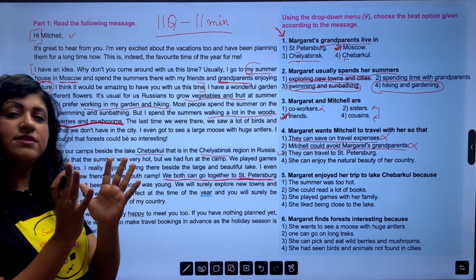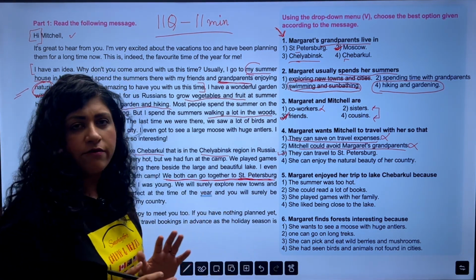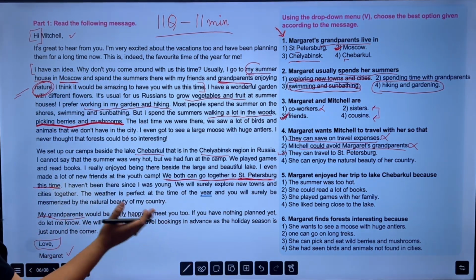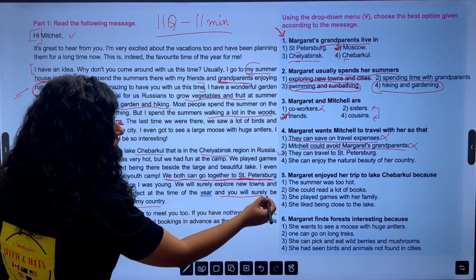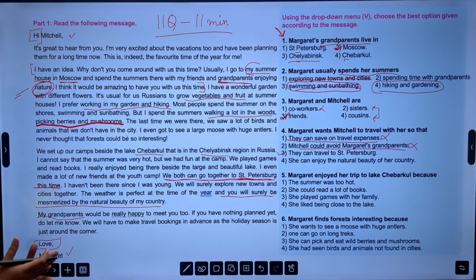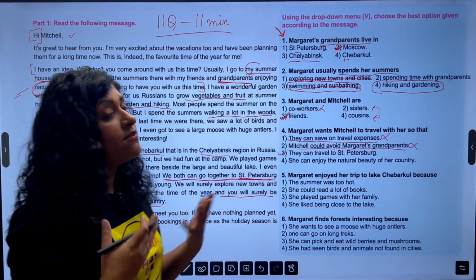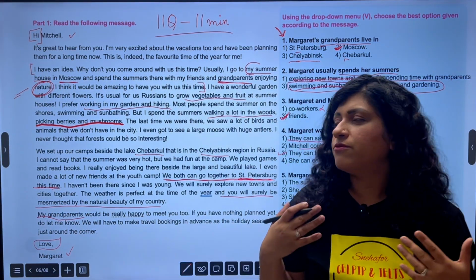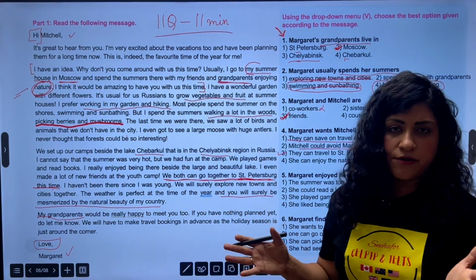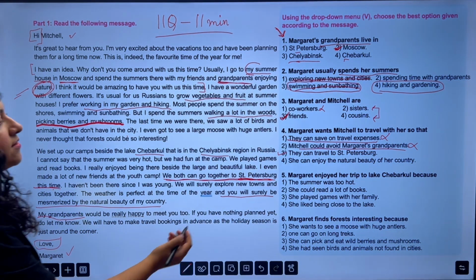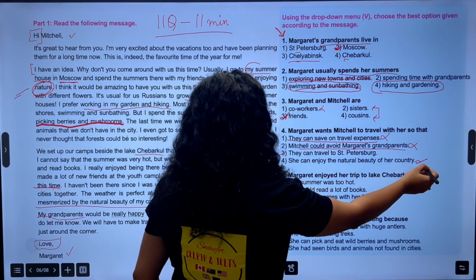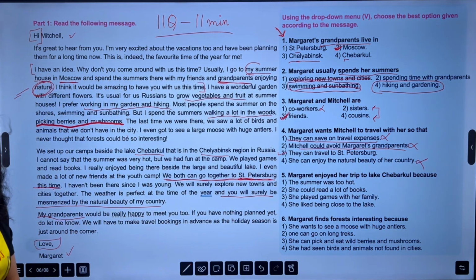This is not the reason why Margaret wants Michelle to travel with her. She is only stating this to convince her that you should come to my country. The weather is perfect. You will find the natural beauty of my country very attractive. So this is just to convince her. That's not the reason. So the correct answer would be third.